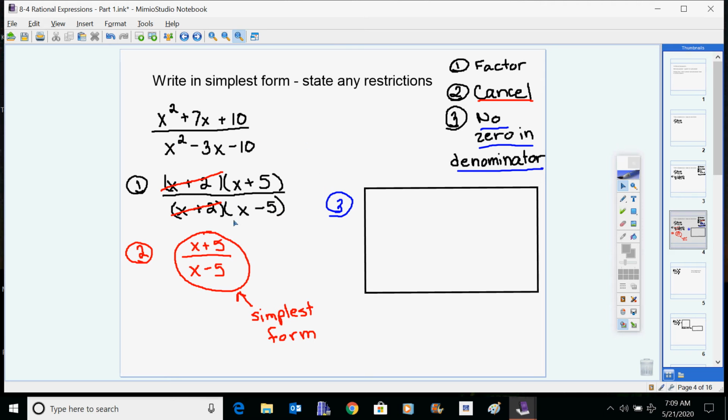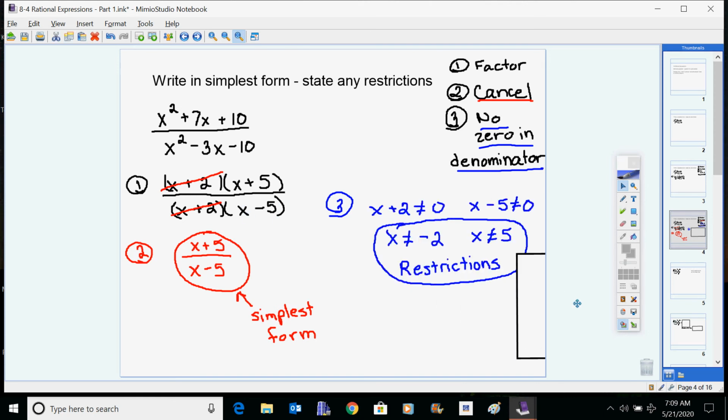X minus 5 can't be 0 because that would put a 0 in the denominator. So the restrictions are x can't be -2 and x can't be 5.